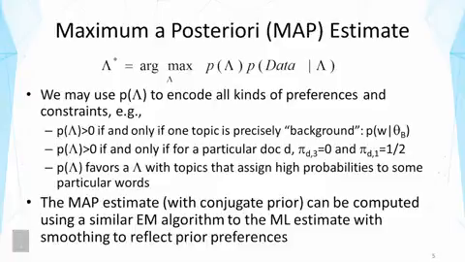Now, this can be encoded as a prior, because we can say the prior for the parameters is only non-zero if the parameters contain one topic that's equivalent to the background language model. In other words, in other cases, if it's not like that, we're going to say the prior says it's impossible. So the probability of that kind of model setting would be zero according to our prior.